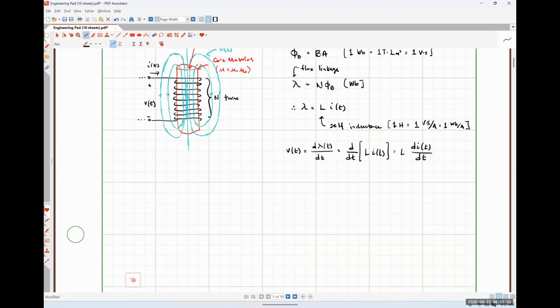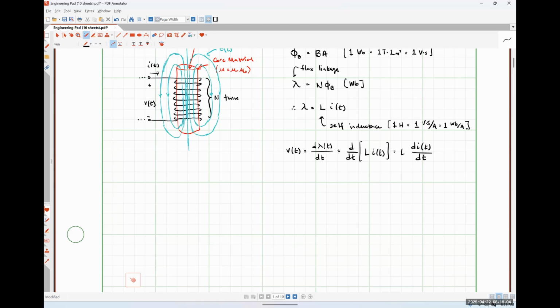So our current causes some amount of magnetic flux to occur. The ratio of flux linkage to current is known as the inductance, and then the inductance times the derivative of the current gives us the voltage that is induced across the terminals of our coil. So this is self-inductance.